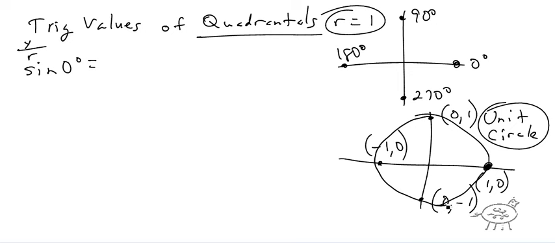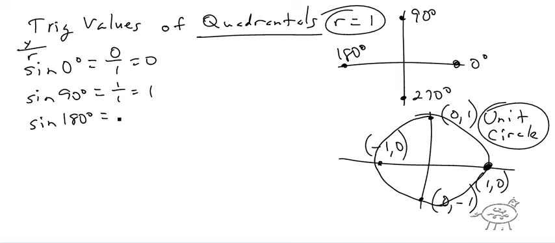Okay, so sine of 0 is y over r, which is 0 over 1, which is 0. So sine of 0 is 0. And then you have sine of 90 degrees, which is also y over r. So y is 1. So it's 1 over 1, which is 1. Sine of 180 degrees is 0 over 1, which is 0.